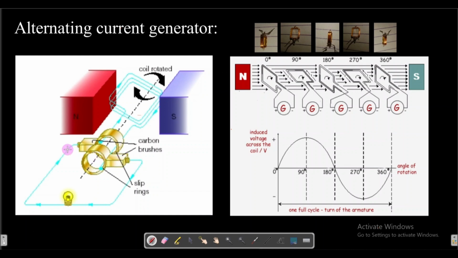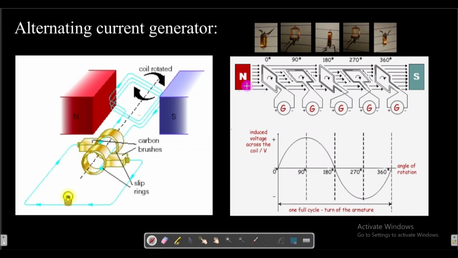The current from each carbon brush will be delivered to our homes, and we will use it for different home appliances.